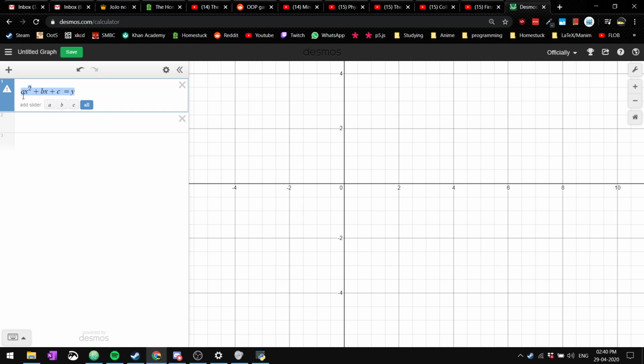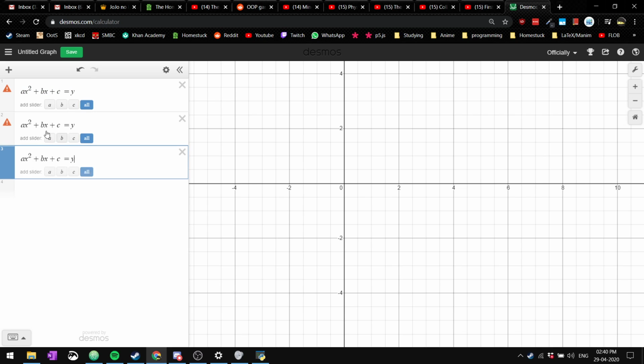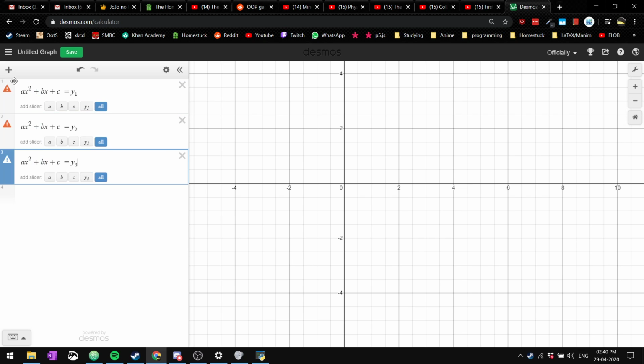So if we have 3 of these equations, we have x1, x2, x3, and y1, y2, and y3. In such an equation, x1 and y1, x2 and y2, x3 and y3 are all the points, right? And a, b, and c are the unknowns. They're the variables. Those are the coefficients.